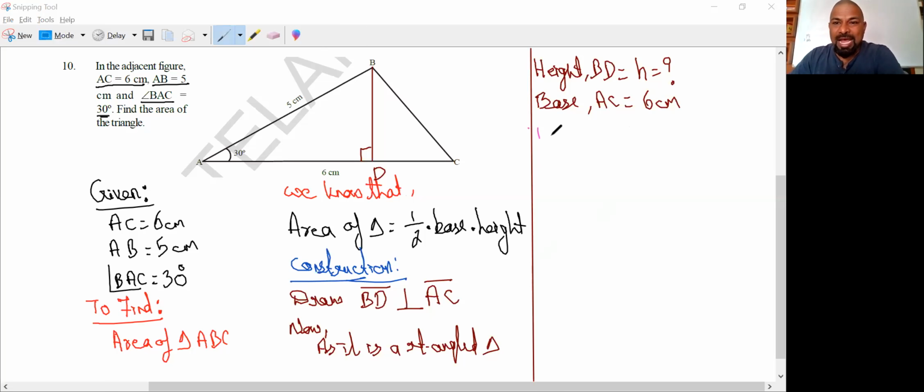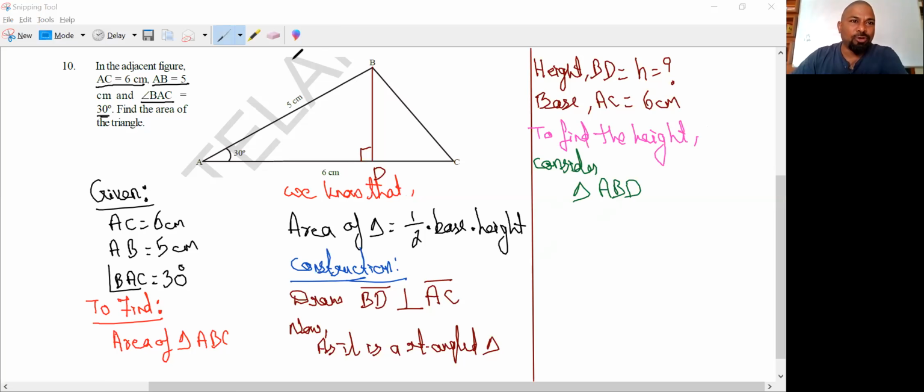To find the height, consider triangle ABD.